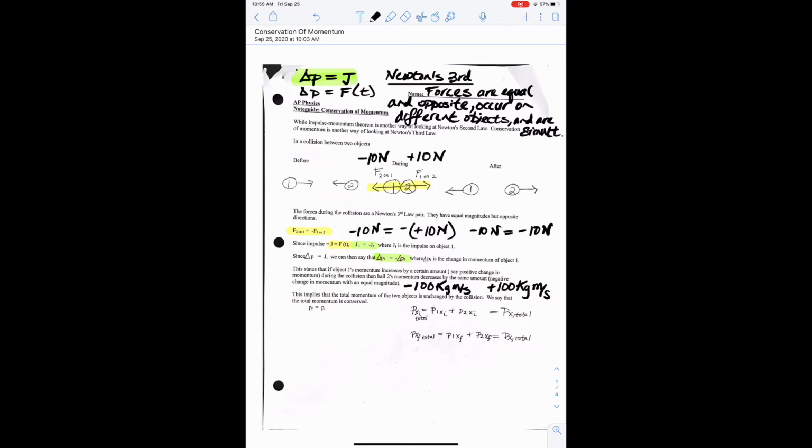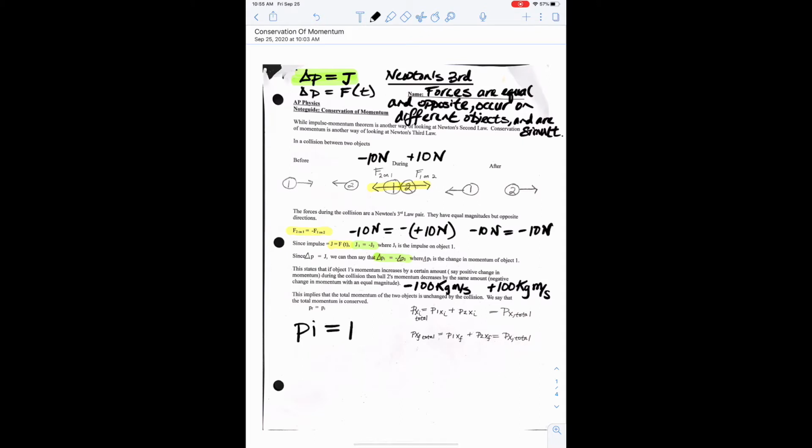Now, this does not mean that the total momentum is zero ahead of time. So, for instance, with a couple of objects, we see this written as P initial equals P final, or P final equals P initial.